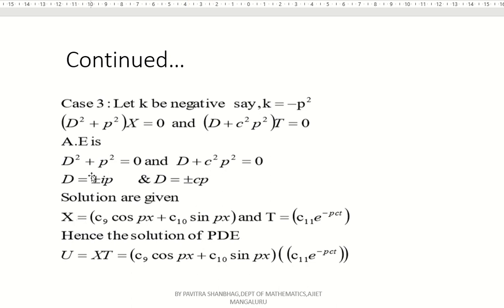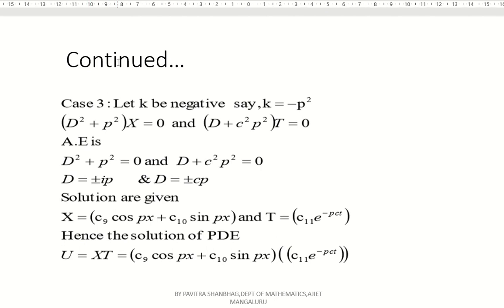Now if you take the complementary function, you will get one pair of complex roots. So c9 cos px + c10 sin px, and here c11 e^(−c² p² t), because here D = −c² p². So the product of these two gives the required solution.